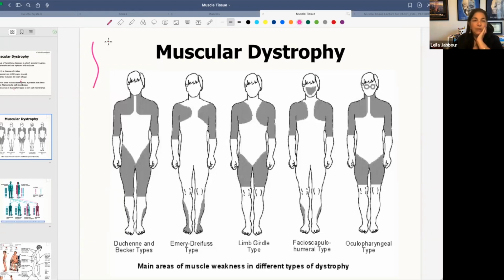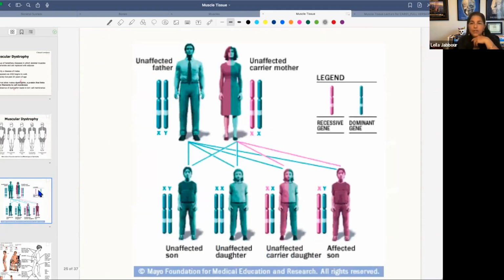But here we're talking about one allele that is normal for dystrophin. So I would put a big D for normal dystrophin, and then you have a mutated allele for the abnormal mutated form of dystrophin. So let's look at this genetics.